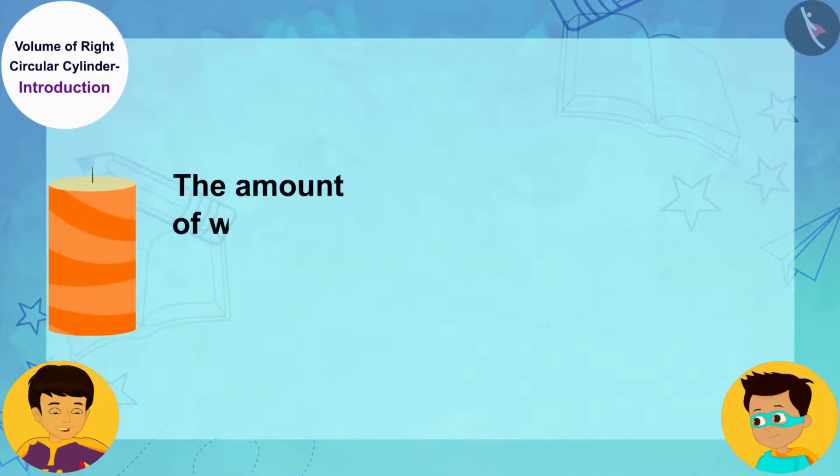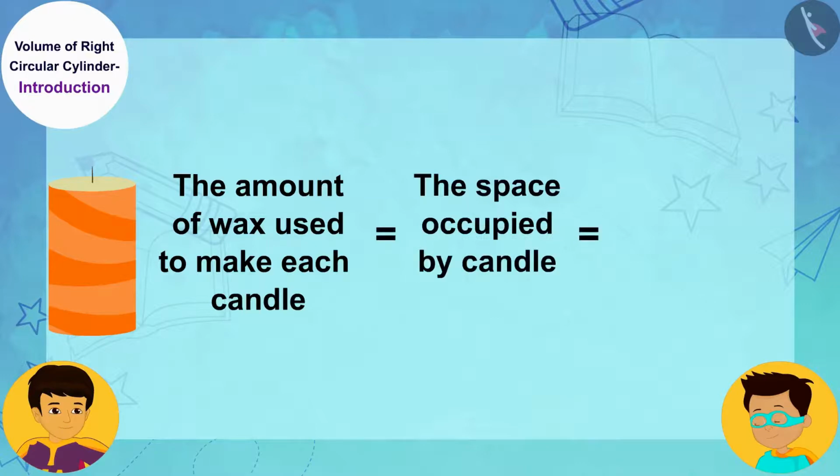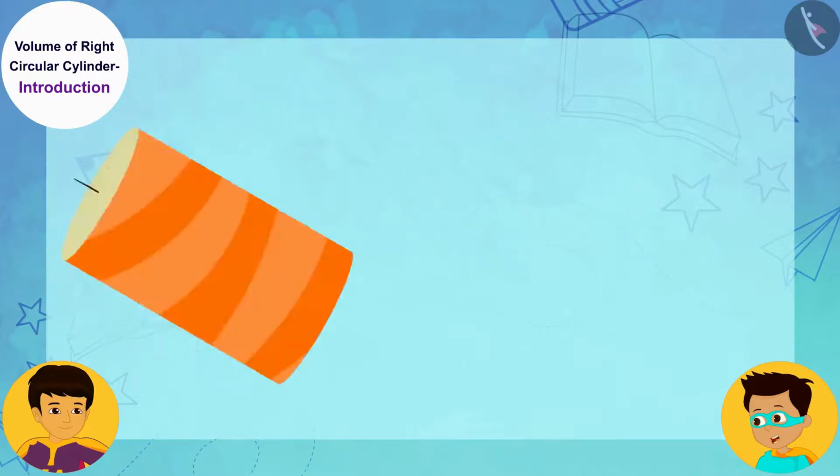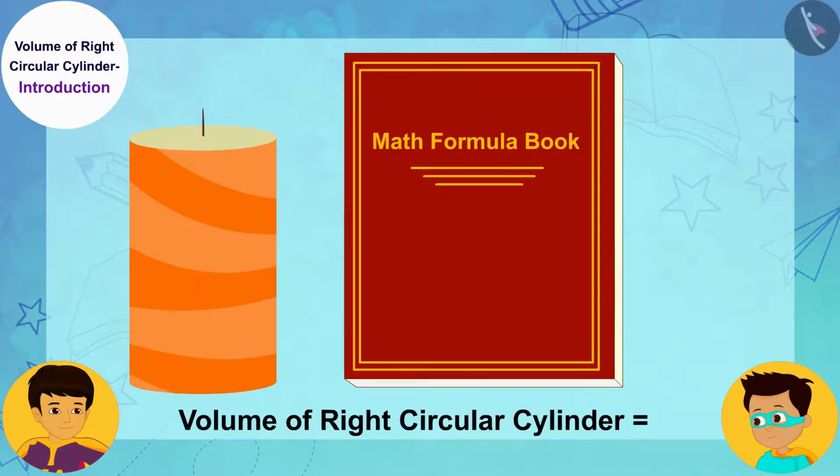The amount of wax used to make each candle will be equal to the space it occupies, that is, its volume. In the previous standard, we learned the formula for the volume of a right circular cylinder. But I don't remember it now. Do you remember the formula? I don't remember this formula either.